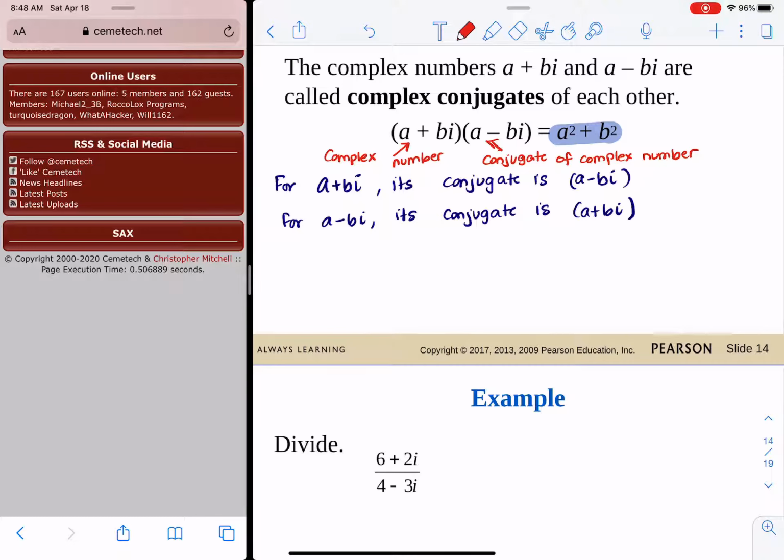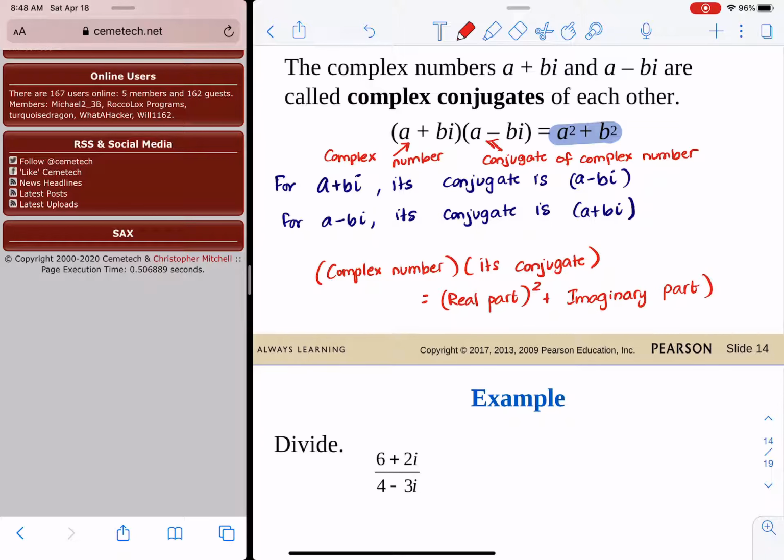In other words, a complex number multiplied by its conjugate would always equal the real part squared plus the imaginary part squared.